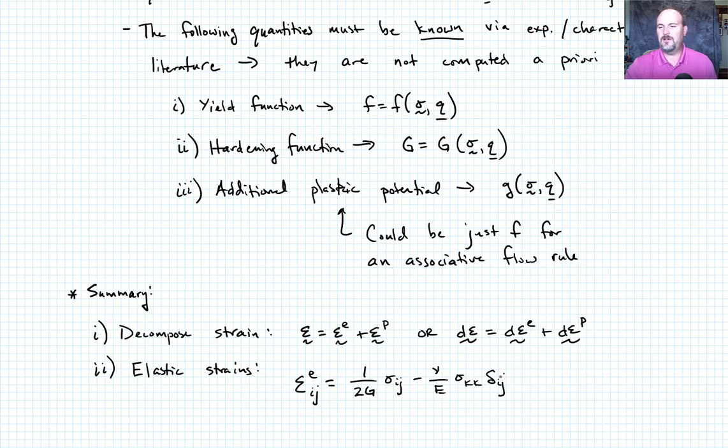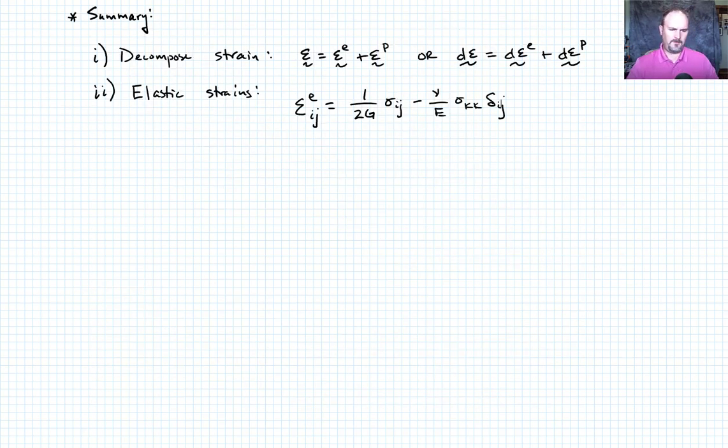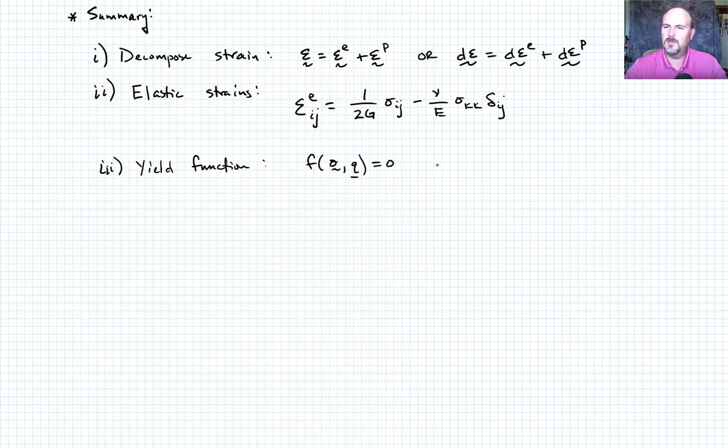And by now you can invert that if you wanted to write Hooke's law in terms of stress equals something with respect to strain. The third feature that I want you to be reminded of is that we had a yield function, and that yield function looked like F as a function of sigma plus some internal variables is equal to 0 on the yield surface.